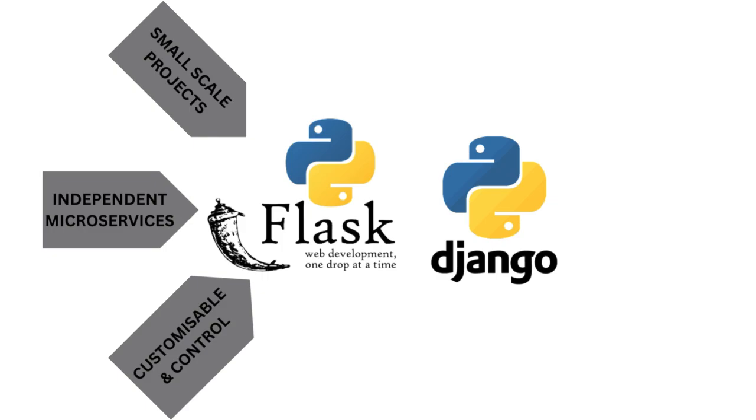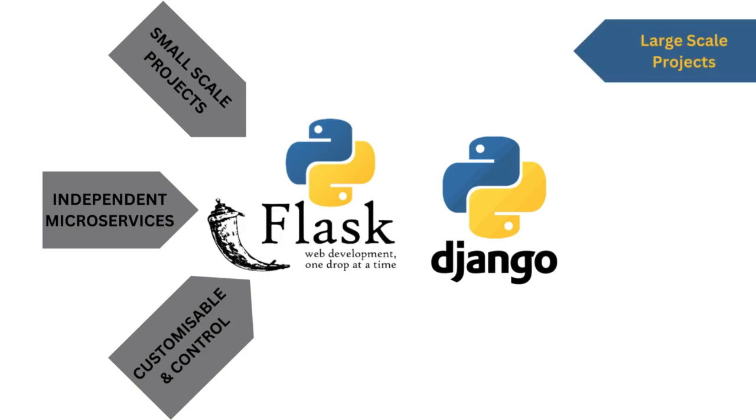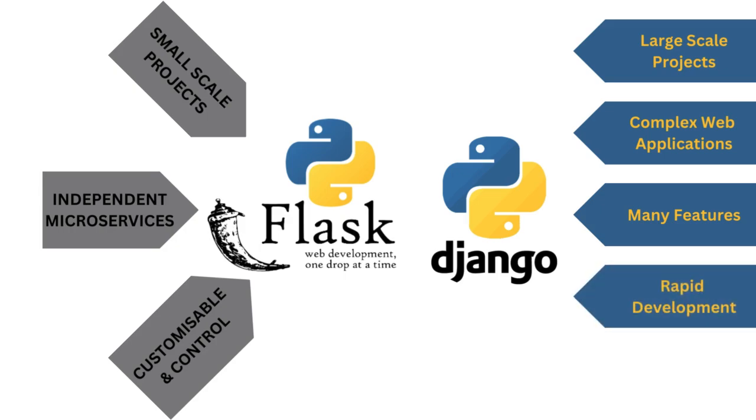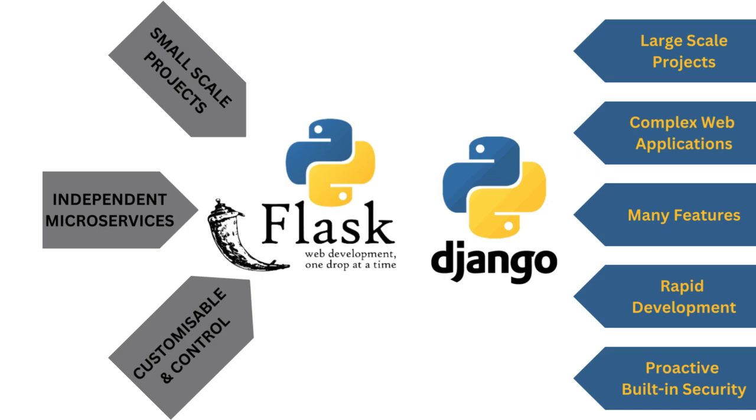But if you have a large-scale project for complex web apps with many features and you need rapid prototyping for quickly building a functional prototype, or if security is primary because Django provides built-in security features to protect against common web vulnerabilities and cyber attacks, then I would suggest heavily that you look towards Django.